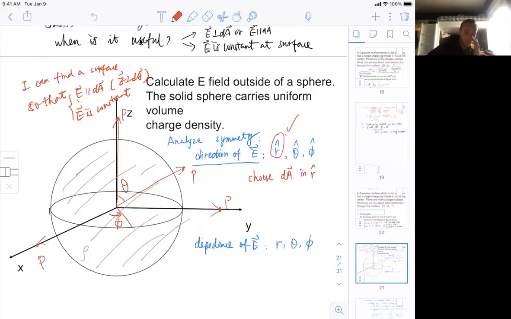Very good, Mitchell. And why do you think that is? Because the thing that matters is the distance from the sphere, which is represented by R, because it's symmetrical everywhere else. It has the spherical symmetry. Yeah, very good. This is very important and helps us simplify the situation.